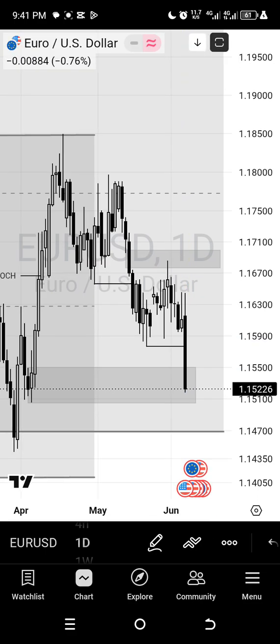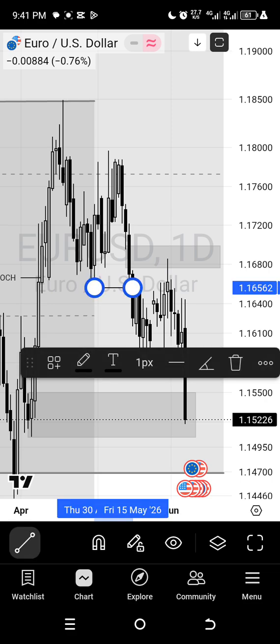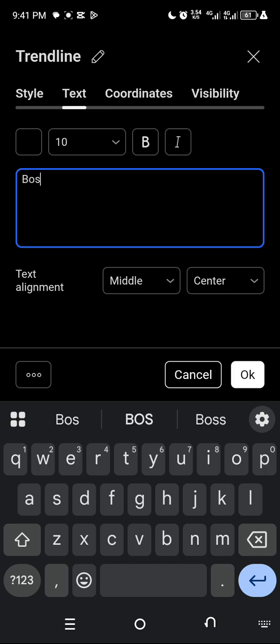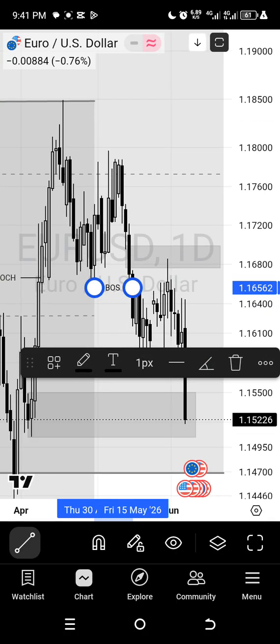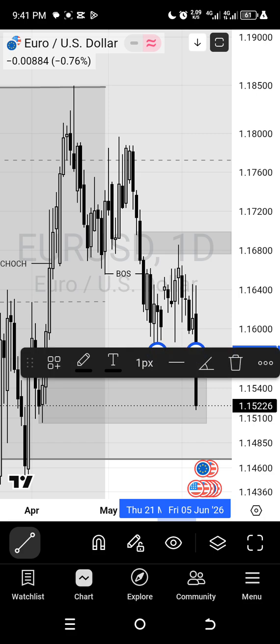Okay, looking at what you guys are seeing, we can label here as our BOS, which is our break of structure.